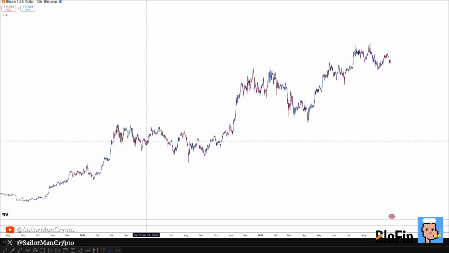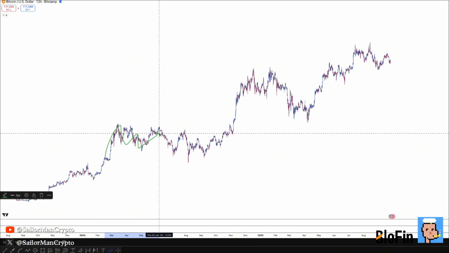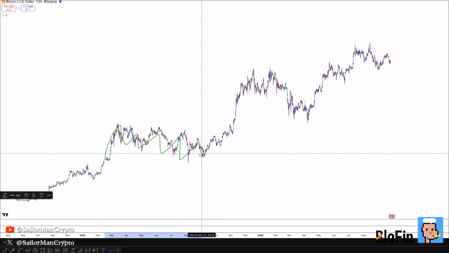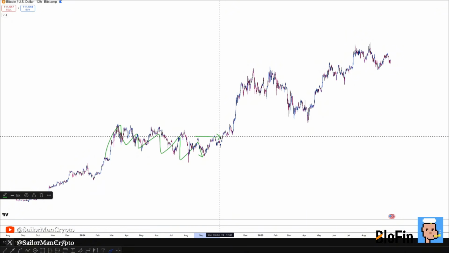Or it allows you to define that this was a downtrend, and that this downtrend somewhere here was broken.